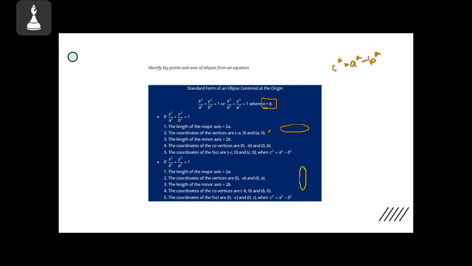So they're now y values instead of x values, which means that your minor vertices, your co-vertices, are going to be the x values going this way. And the foci are, again, going to be solved by finding c, and then they're always in the direction of the major stretch. So 0, negative c, and 0, c.